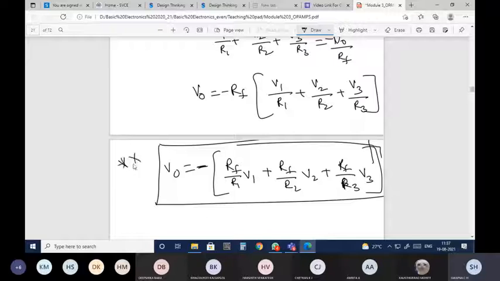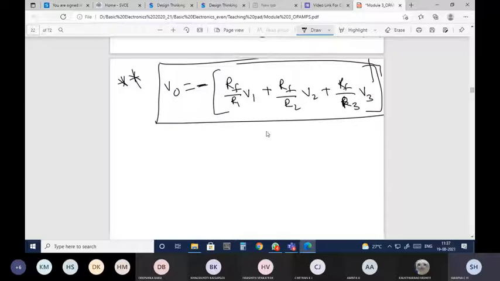You have to remember this equation as well to solve the problems. So this is the output equation. You may ask me a question, ma'am, you said that I have to get the addition of all V1, V2, V3. I didn't get that.